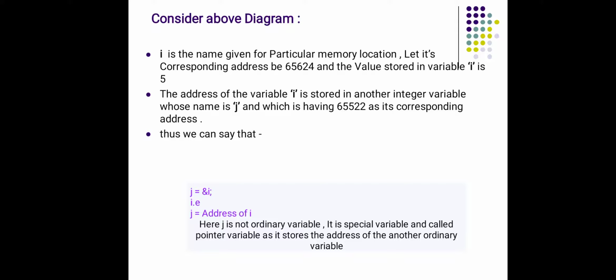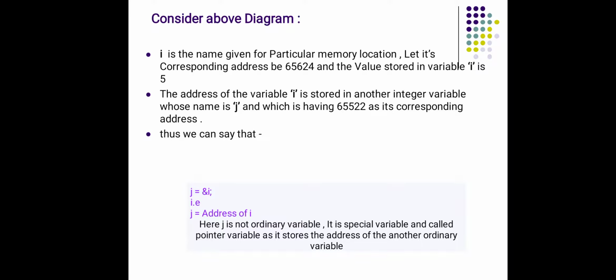The address of variable I is stored in another integer variable whose name is j, whose corresponding address is 65,522.